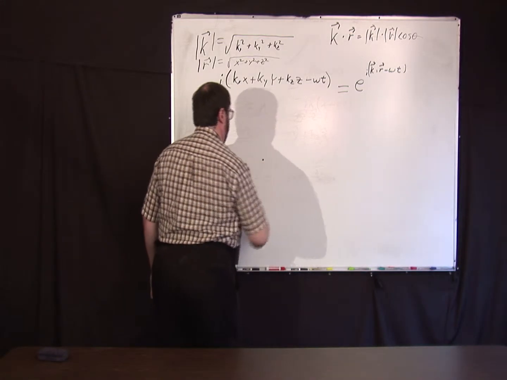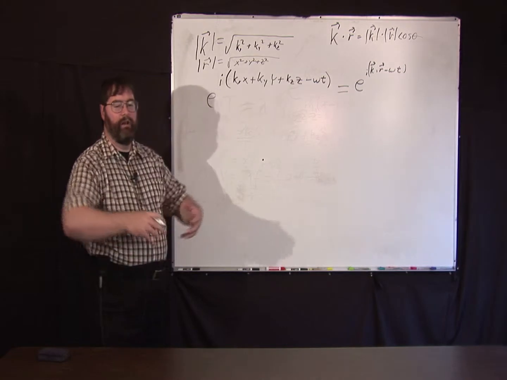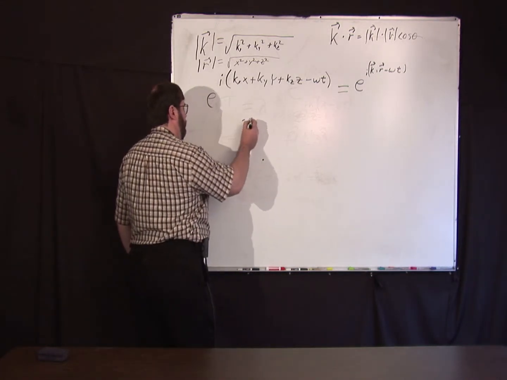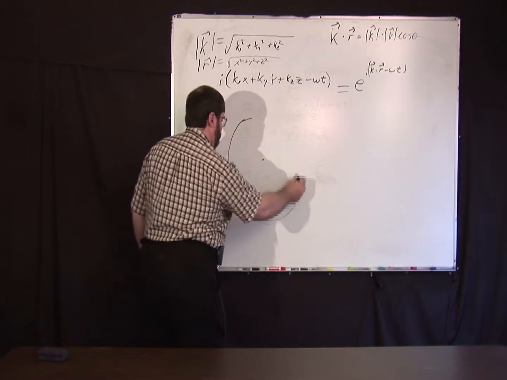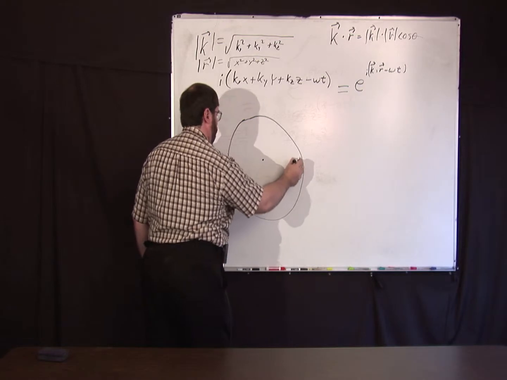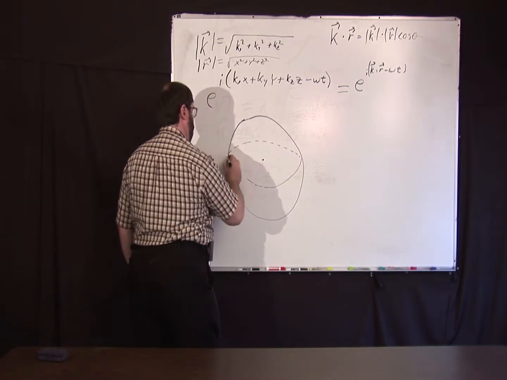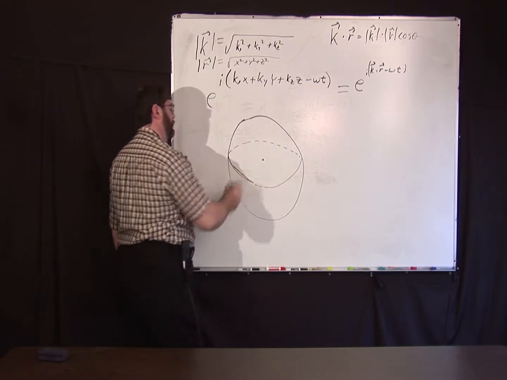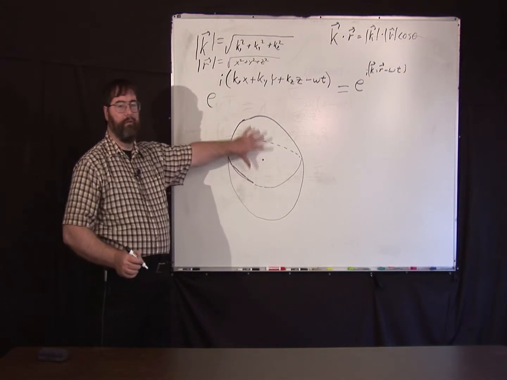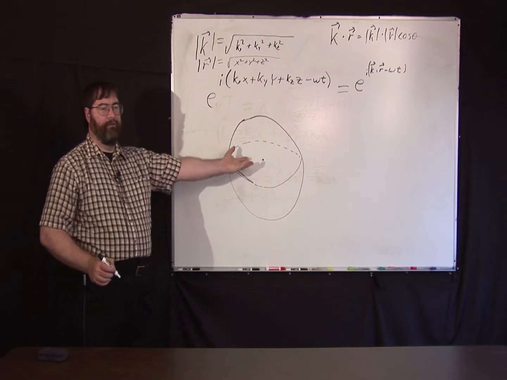If you have a point that's an isotropic radiator, that means it radiates equally in all directions. Because of conservation of energy, this is important, all the power radiated from here is going to be evenly distributed over the sphere centered on that point.